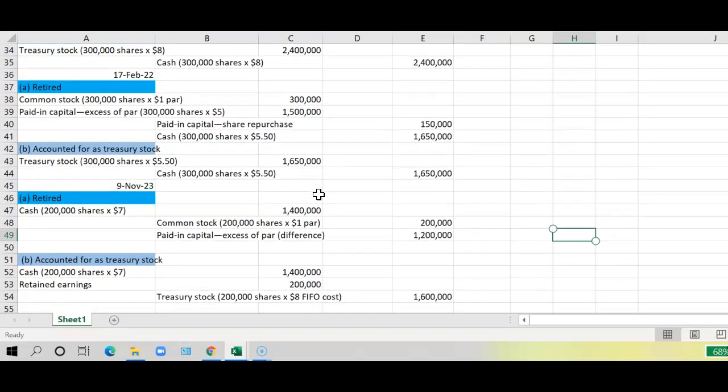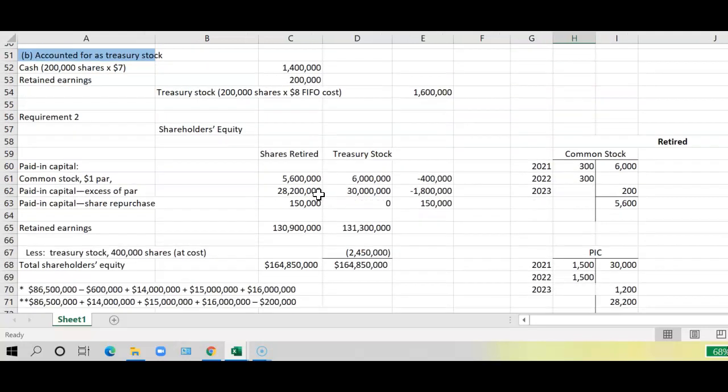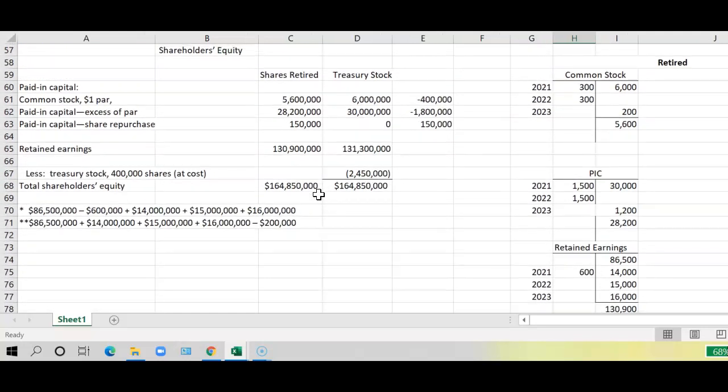And in the 2023 journal entry, there is no retained earnings recognized. So the retained earnings for the retirement method is $130,900 million. So I would put that in the retained earnings under the shares retired of $130,900 million.